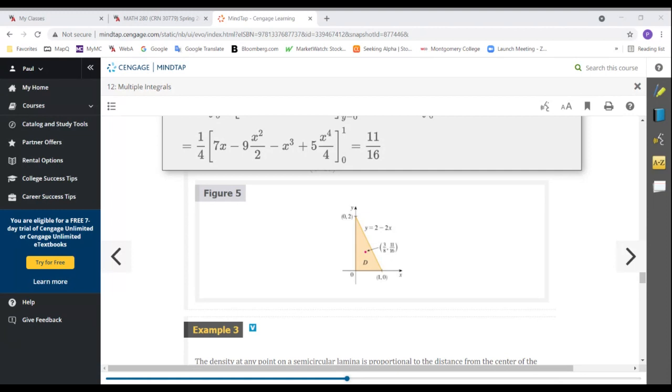But the density is getting greater as you move towards that line segment, y equals 2 minus 2x. So it's heavier towards the line segment, and that pulls the center of mass towards the line segment.